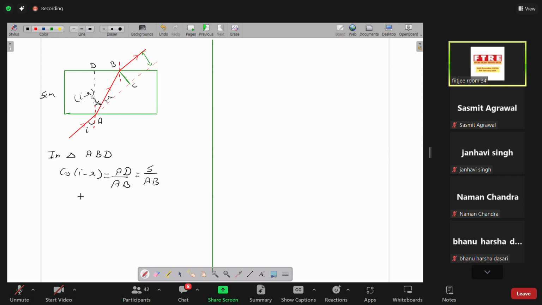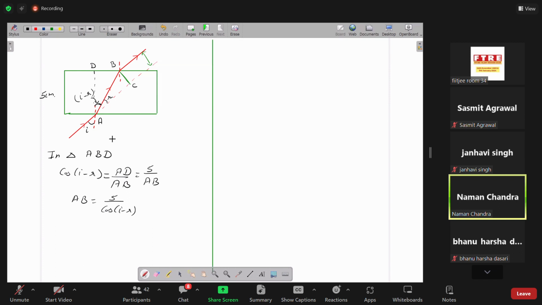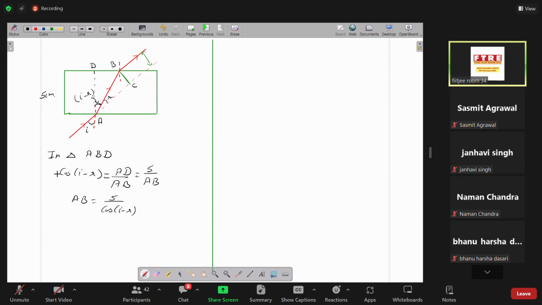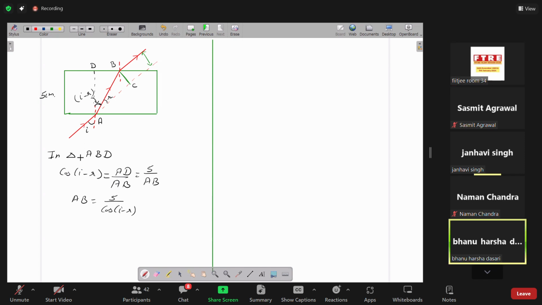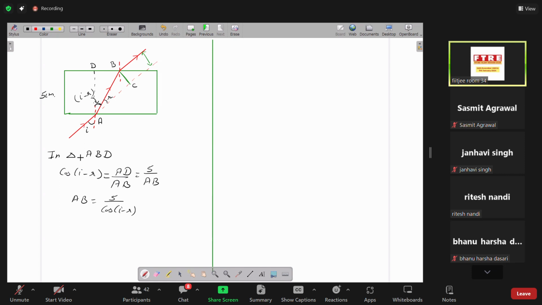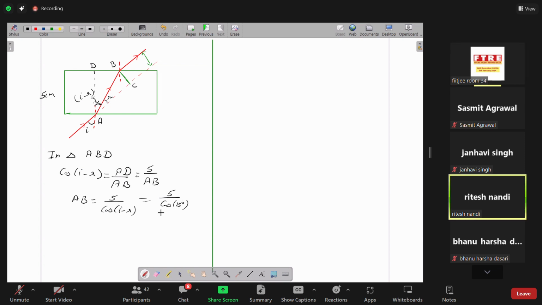So I'll get AB is equal to 5 upon cos I minus R. Now it's given that angle of refraction is 45 degrees. Angle of incidence is 60. So the difference will come out to 15. So I'm writing here 5 upon cos of 15 degree. ठीक है, ये लिख देते हैं.